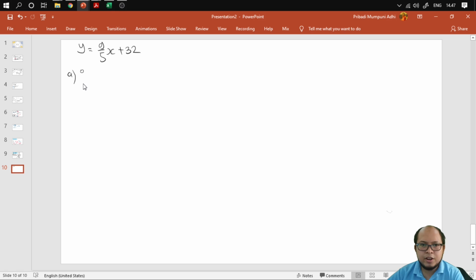So the known is the degree C, 55 degrees C. So the degree Fahrenheit will be equal to 9 over 5 multiplied by 55 degrees plus 32. So this will be 131 degrees Fahrenheit.